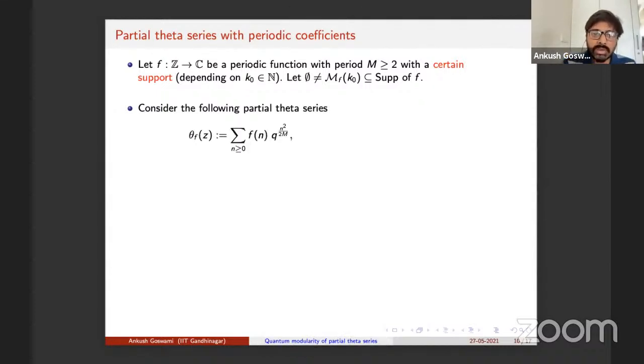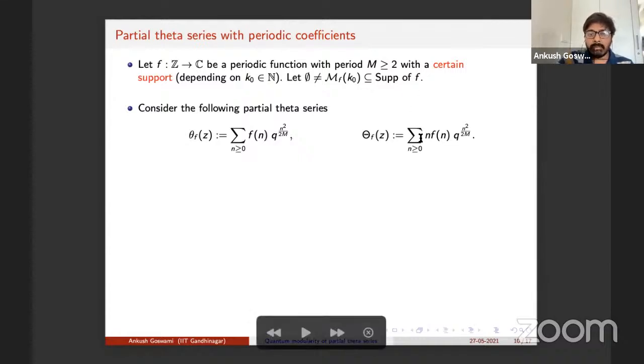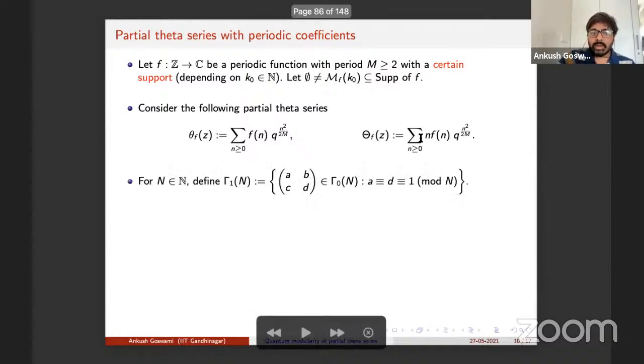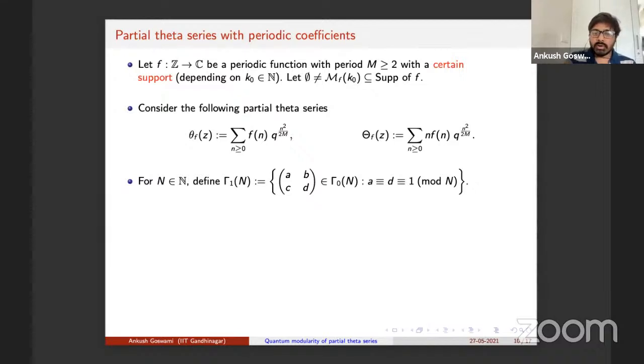One is small theta sub f of z, which is the sum running from 0 to infinity of f of n times q to the power of n squared divided by 2m. And the other is capital theta sub f of z, which is defined to be the sum running over all non-negative integers of n times f of n times q to the power of n squared divided by 2m.